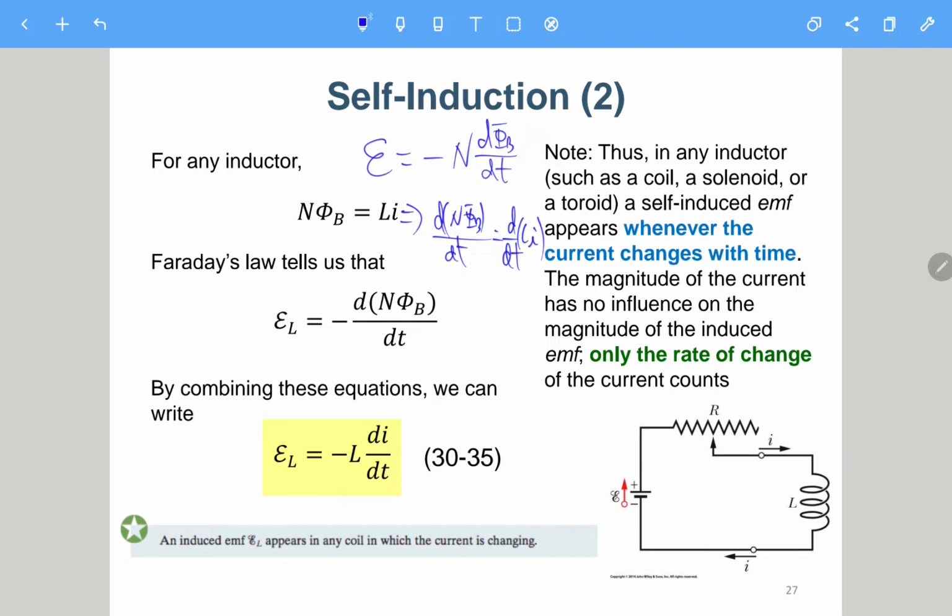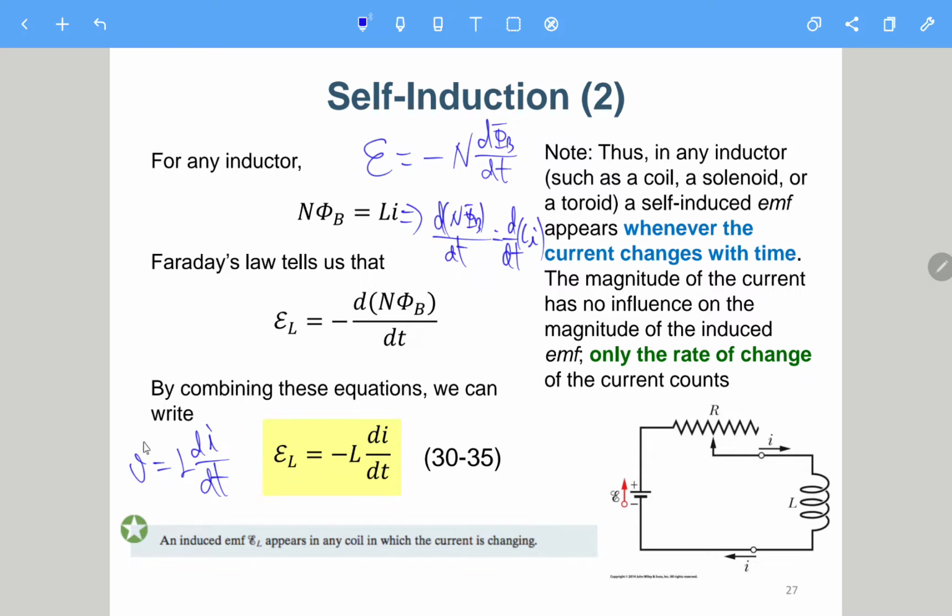For the circuit point of view, I usually write it as V equals L di dt without the negative sign. In circuit analysis, I seldom use the concept of EMF.